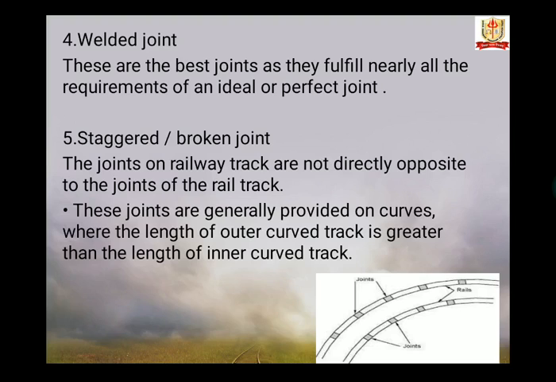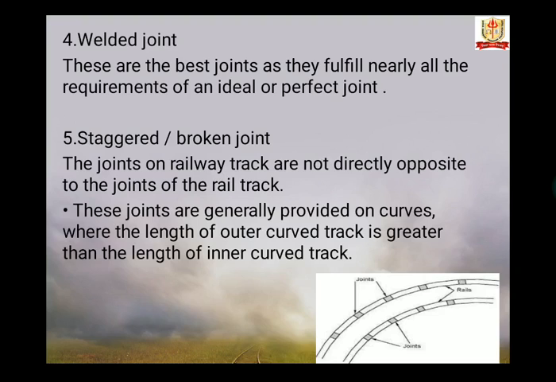Next is the staggered or broken joint. The joints on one railway track are not directly opposite to the joints of the parallel rail track. When the joint in one rail is not exactly opposite the parallel rail joint, it is known as a staggered joint.